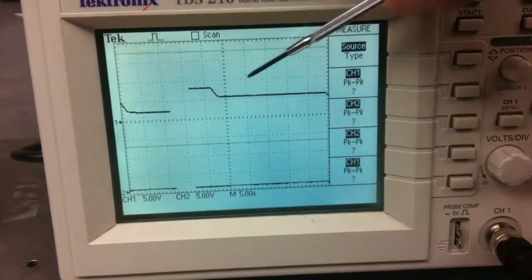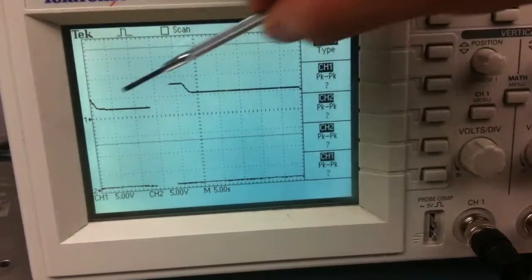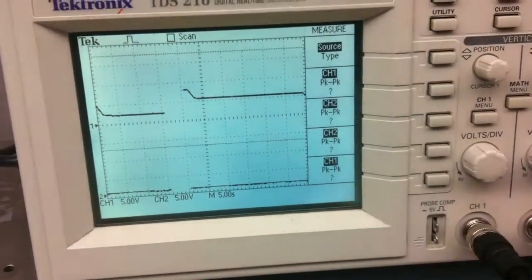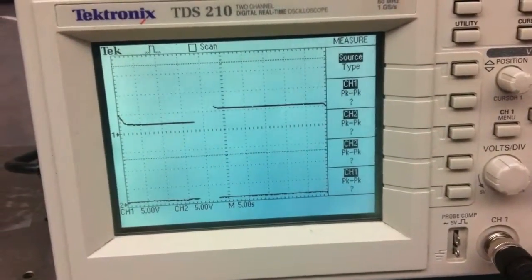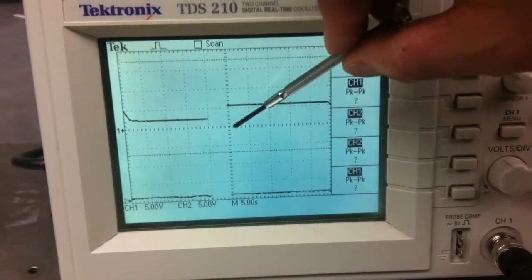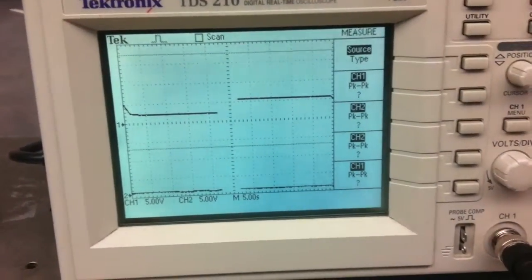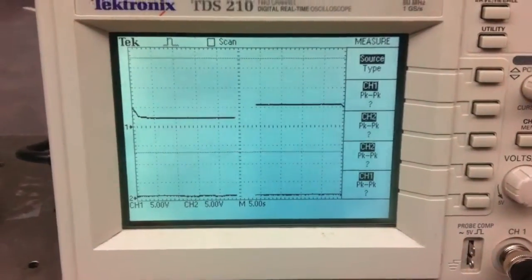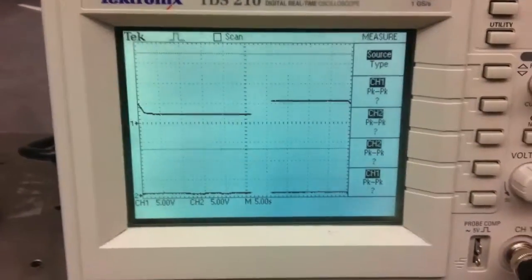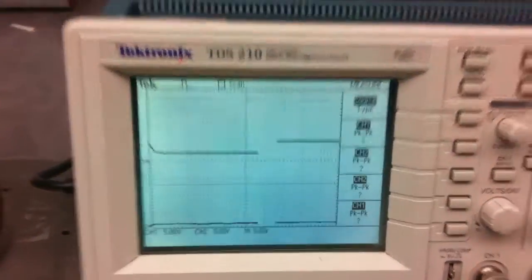There's a very sharp decrease over there. This was 75 to 80, this is 80 to 85. You can see that it's close to the zero, the ground level. It's like 2, or 2.5 rather, volts right there for 85 degrees.